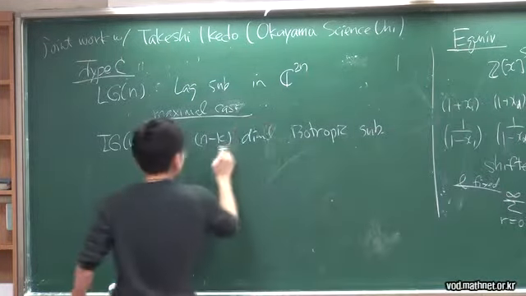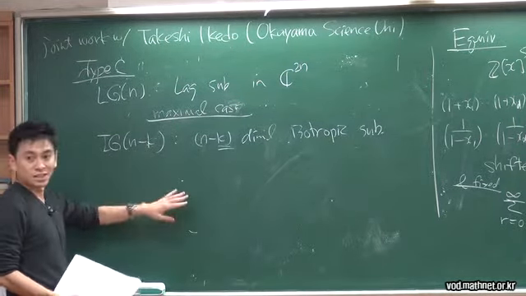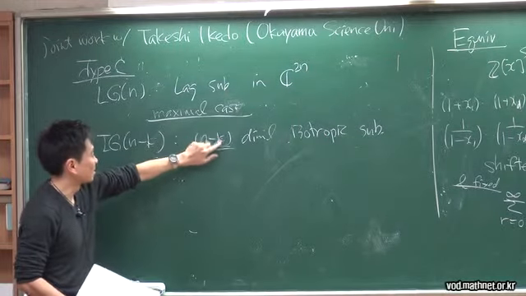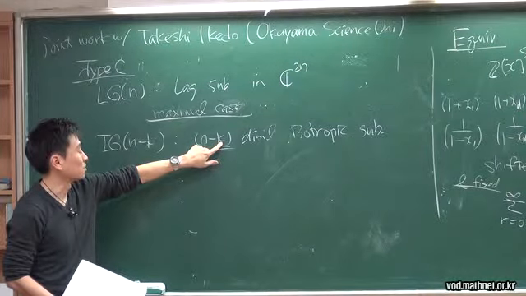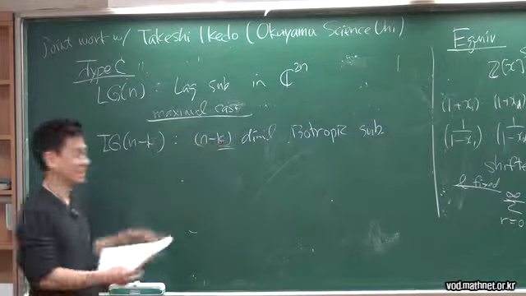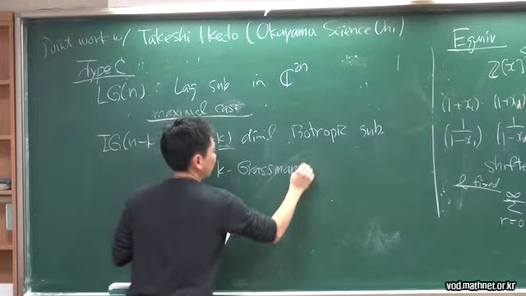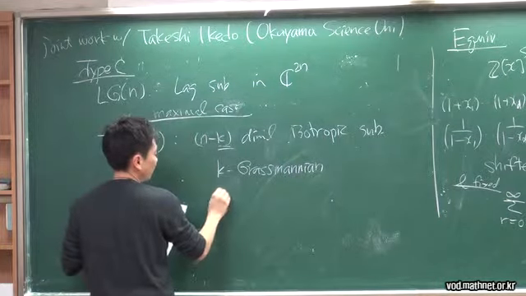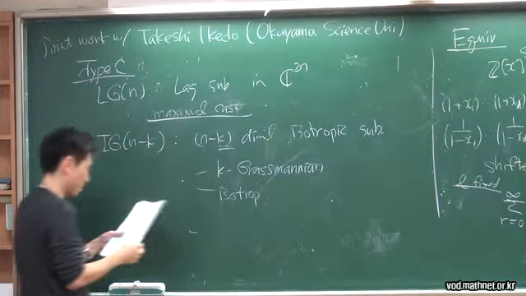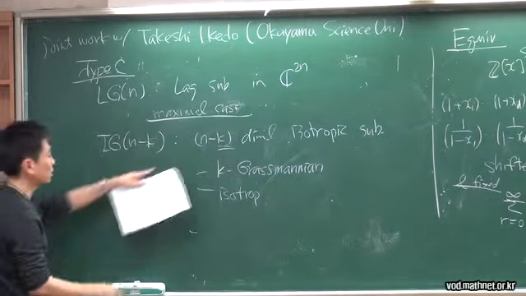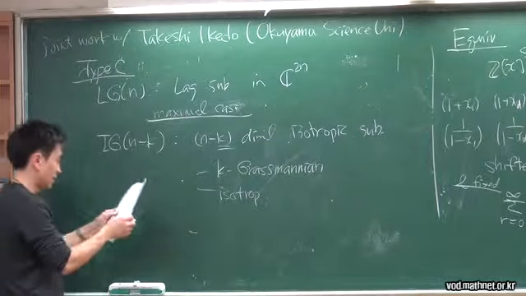This indexing is very confusing because people use different indexing. In our setup, this is k, and k can change from 0 to n minus 1. We call it the k-Grassmannian, or isotropic Grassmannian; there are many names. In particular, if you choose k to be 0, then you recover the Lagrangian case.